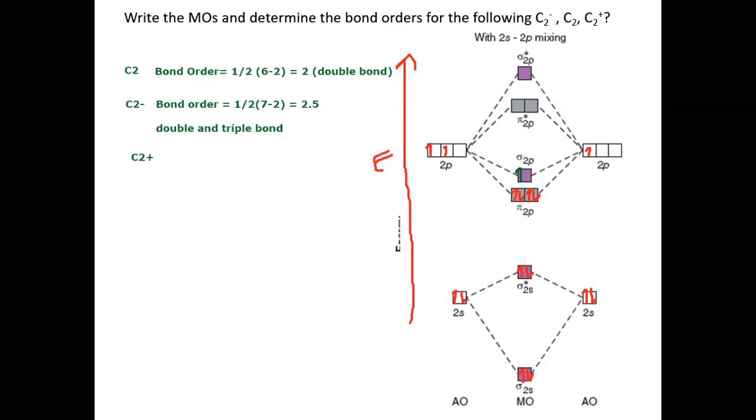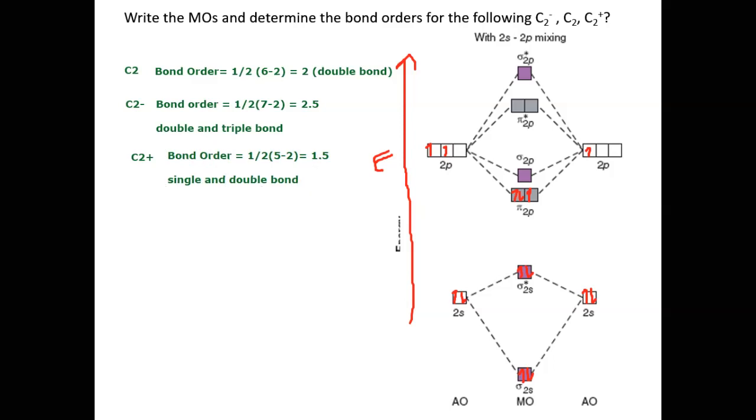And we've got to remove one from pi 2p, because there's only 3 there. So the bond order is one half, we have 5 minus 2, 1.5. So this would be somewhere between a single and double bond.